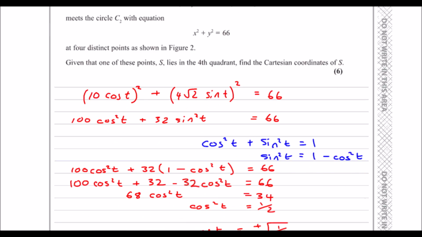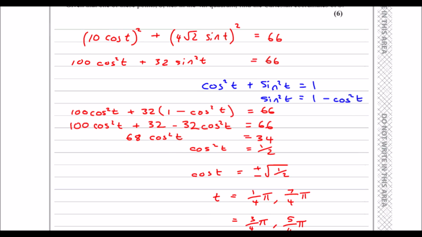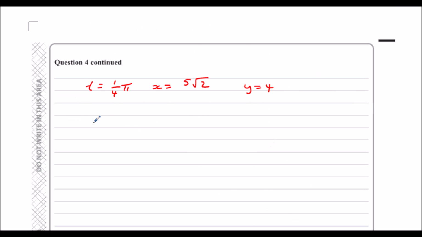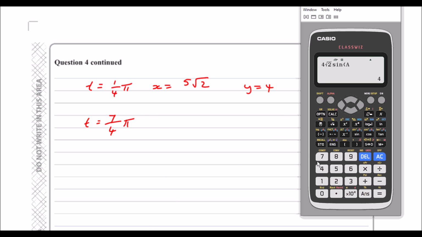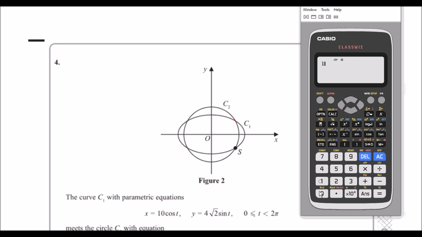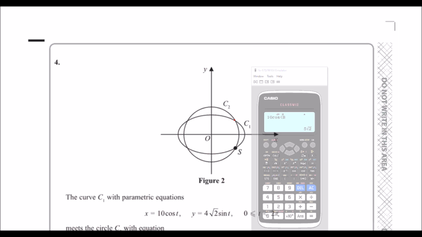Let's try the 7 over 4 pi. When t is 7 over 4 pi, store that in the calculator. I've stored it as b. 10 cos t is 5 root 2.